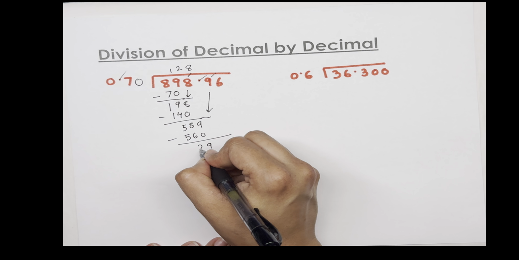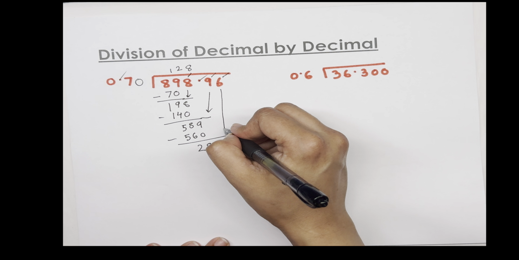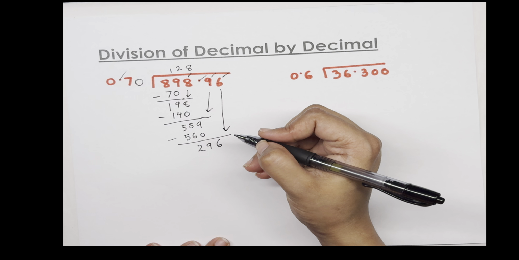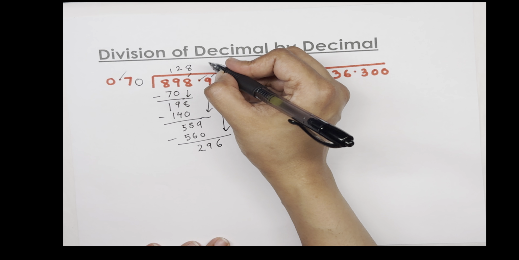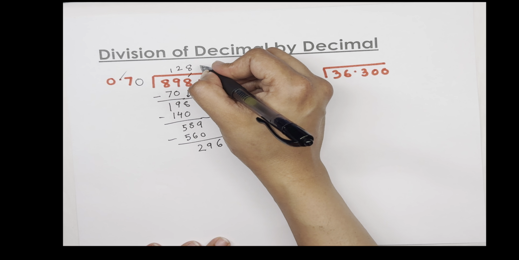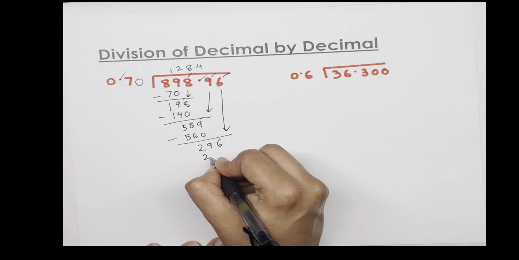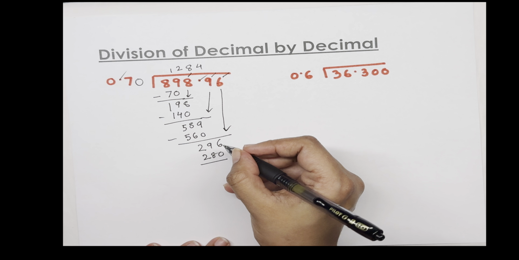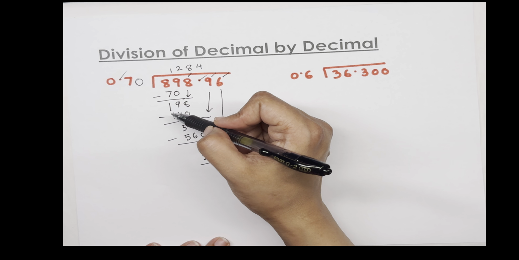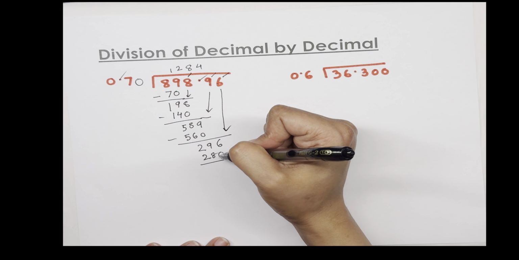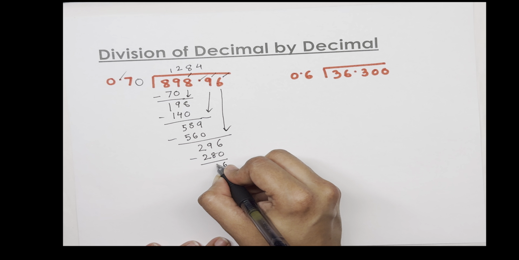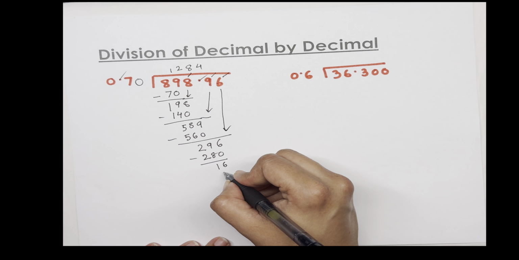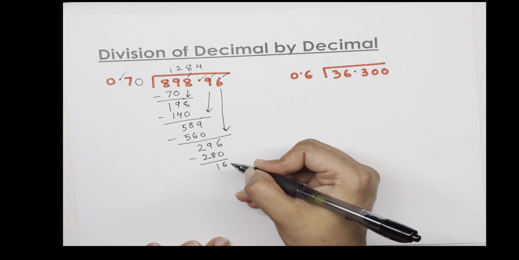8 minus 6 is 2. Next is 6. 7 times 4 is 28, so 70 into 4 will be 280. It's easy to think about the table and put an extra 0 in the ones place. Let's do the minus. 16 is the remainder.